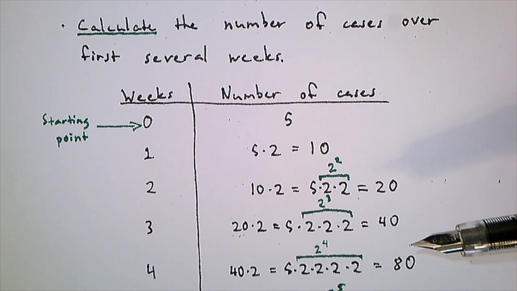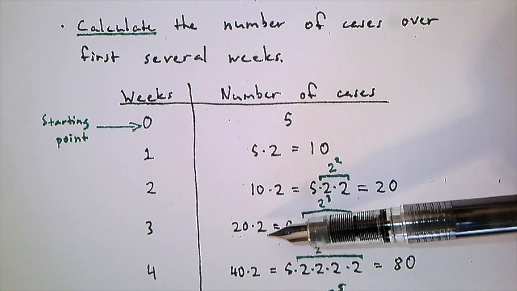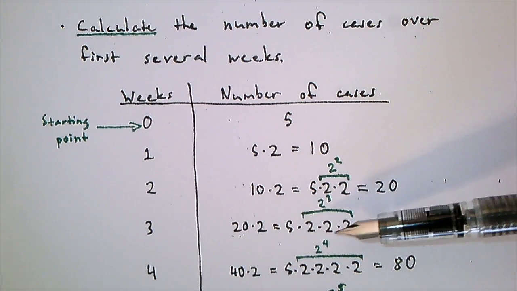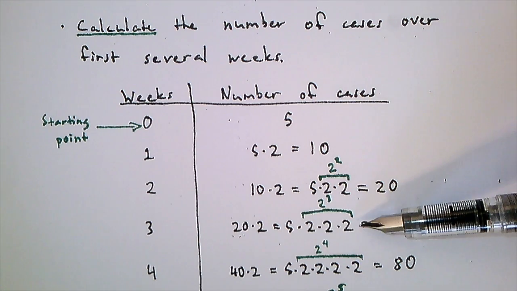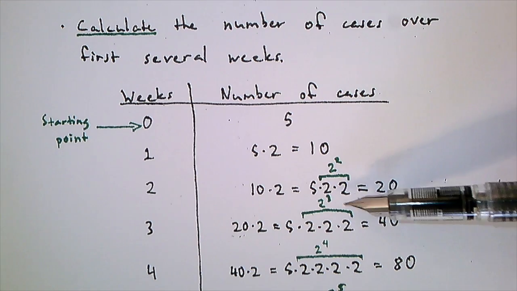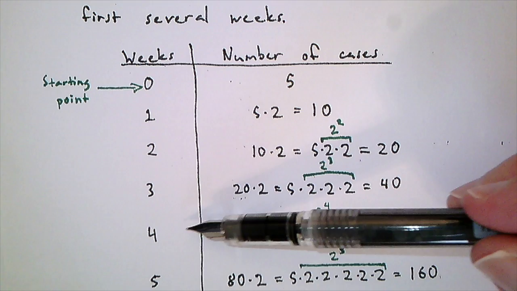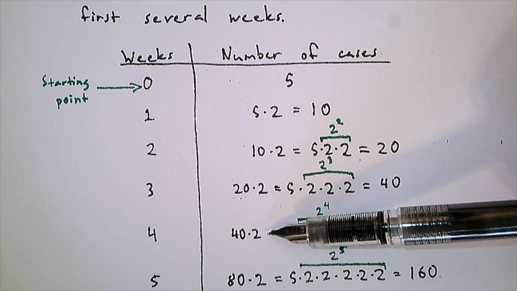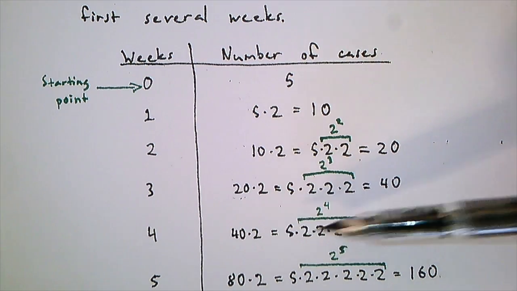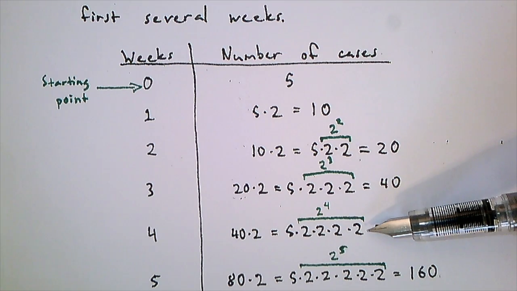Let's go through these a little bit quicker. After 3 weeks, we multiply by 2 again, and keeping track of the number of 2's, we get an extra one, so that's 5 times 2 to the 3rd power. We get 40. Multiply by 2 again as we go into the 4th week. 40 times 2 is 80, and now we're up to 4 2's here in our multiplication.